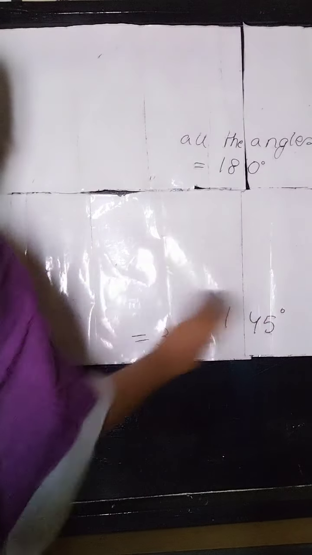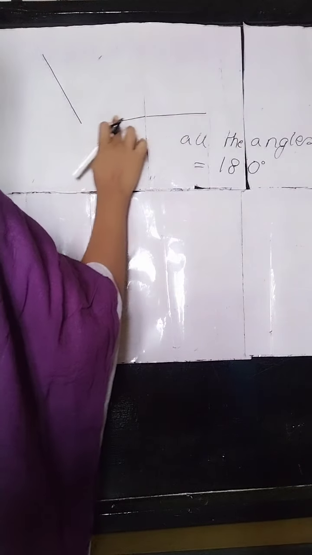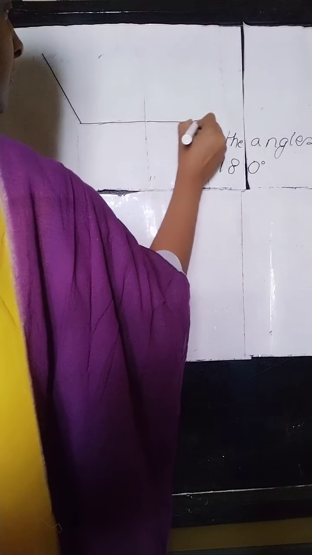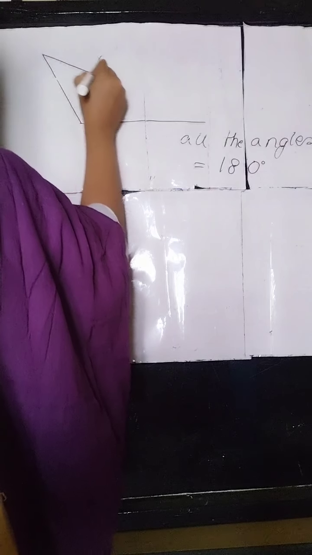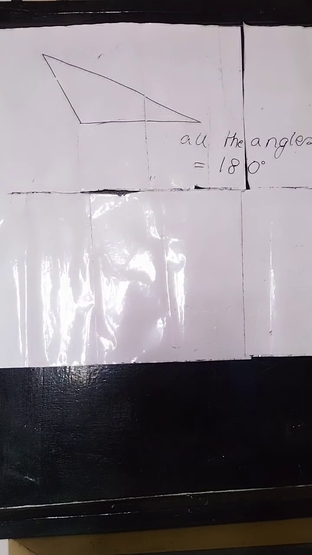In the second sum, again a geometrical figure is given to you, say an obtuse angle triangle. The values of two angles are given.